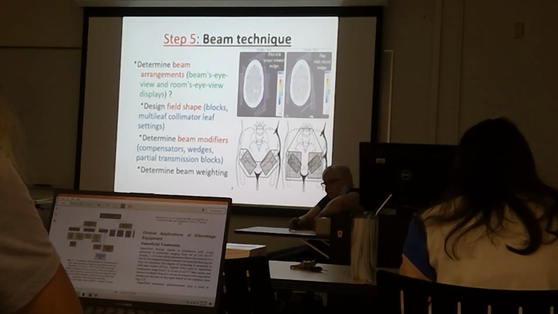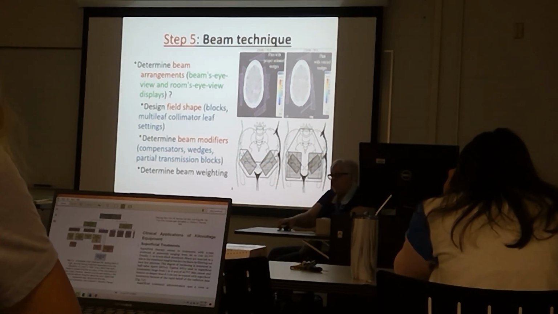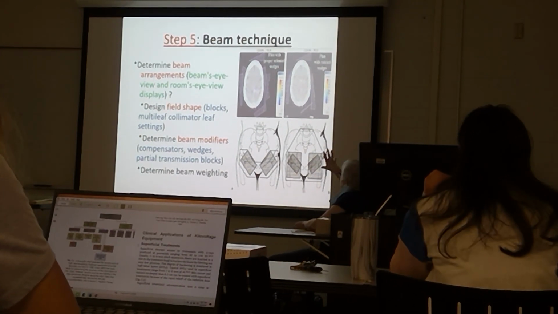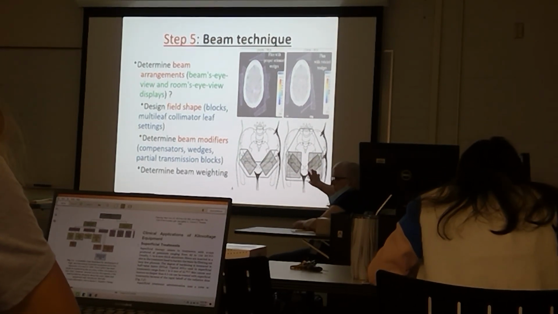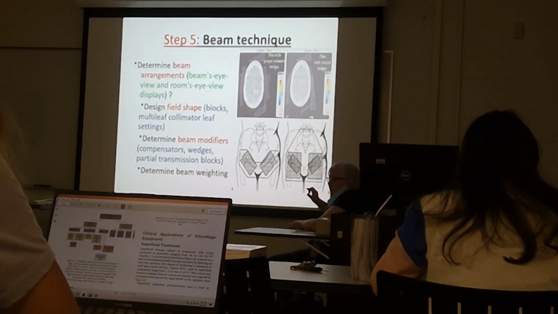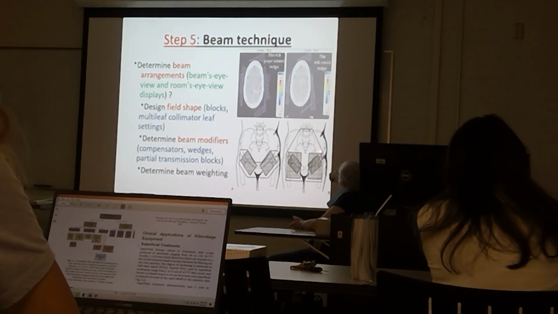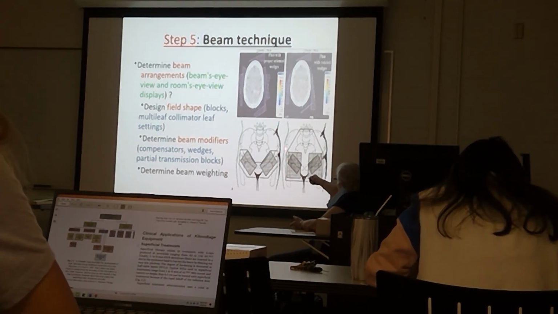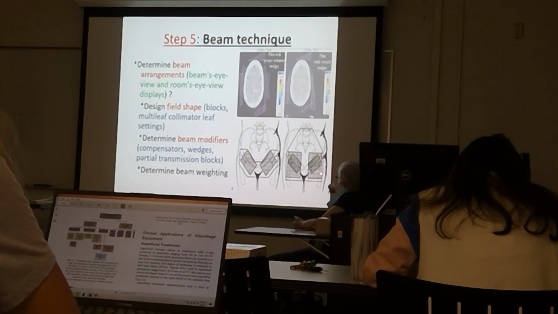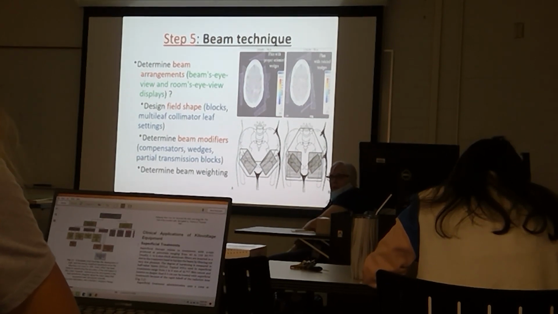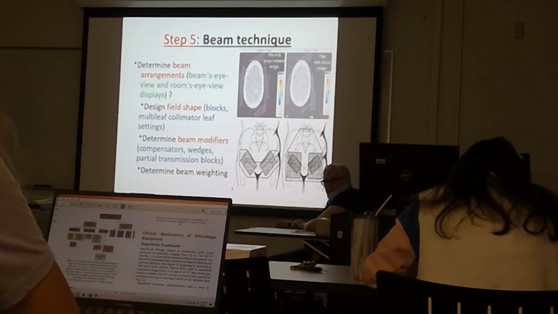So this is 3 areas. This is a large field, a smaller boost, and an even smaller boost. This is the large field, all of this. Then we treat 2 smaller areas, these 2, to do the lymph nodes.